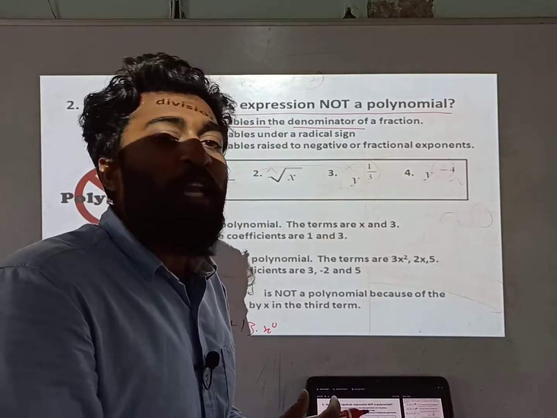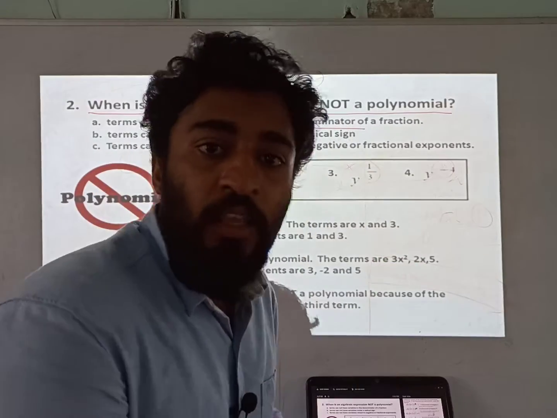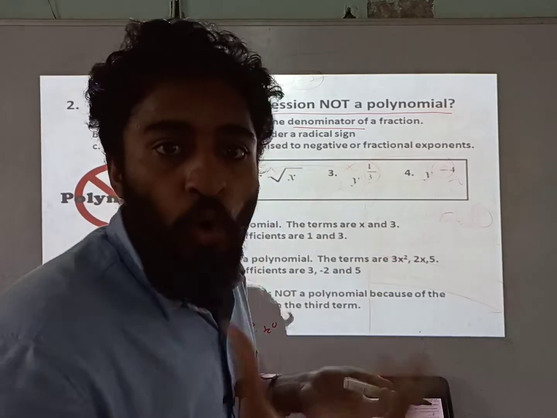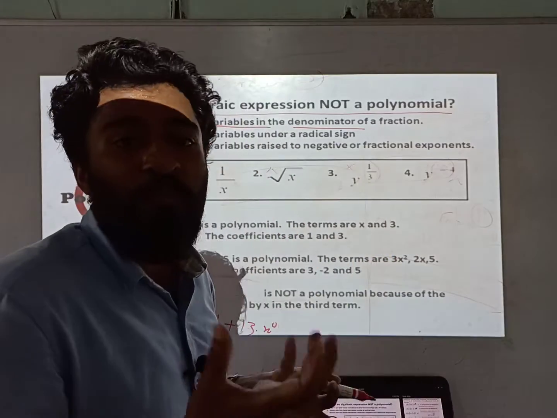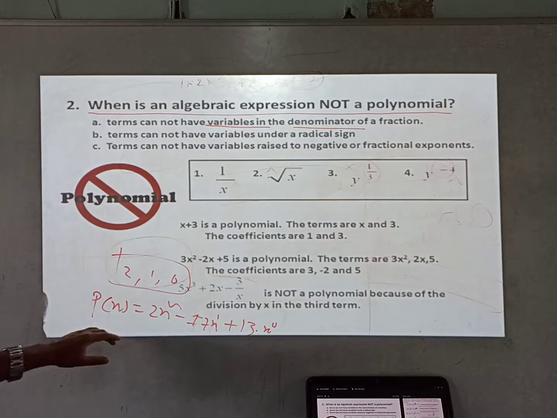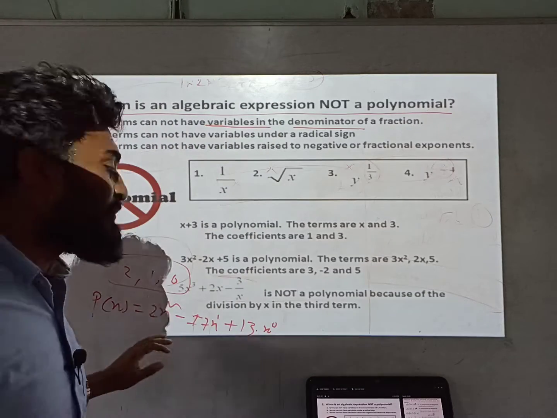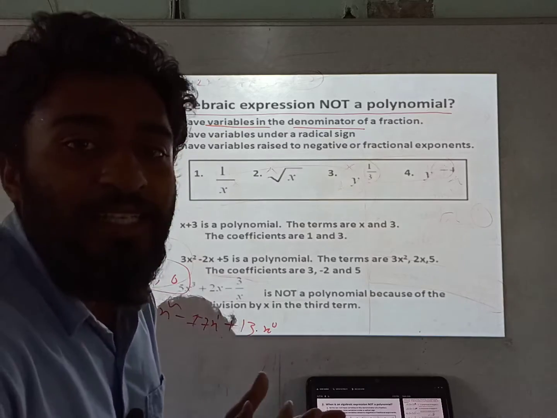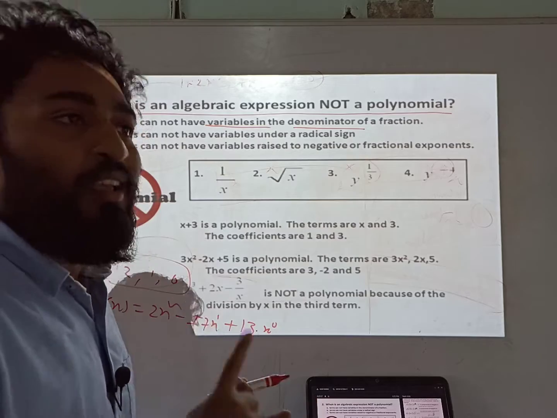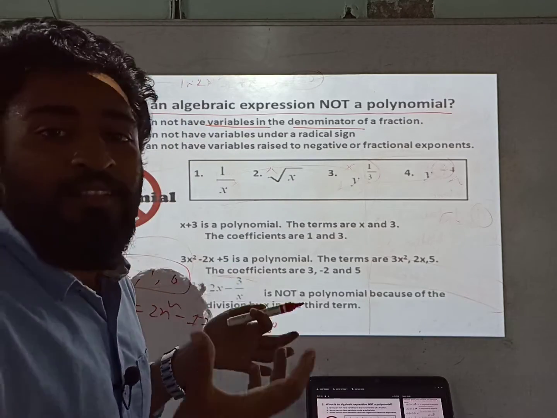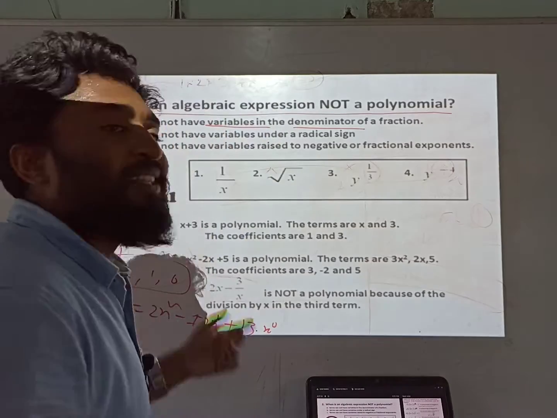An algebraic expression is called a polynomial if the variables have powers as whole numbers. That is the one and only condition. If all the variables have powers as whole numbers, then only we say that is a polynomial.